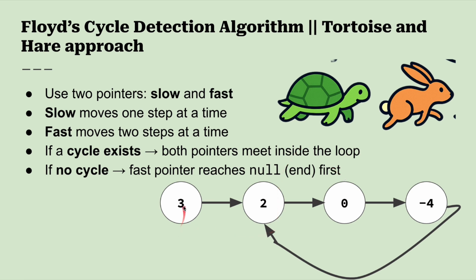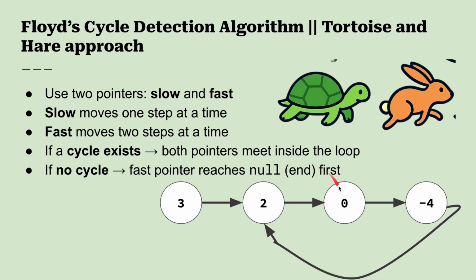Let's suppose the tortoise and the hare start from here, at the same point. The tortoise will traverse only one node, but the hare will start from here and will not go to the next node, it will jump to the node after.